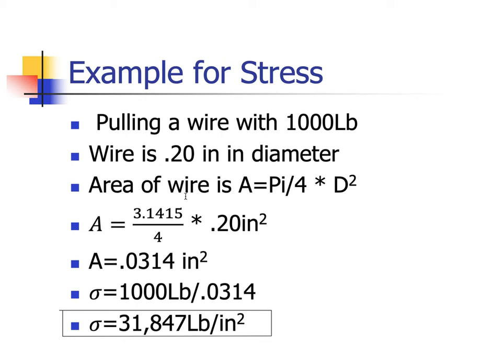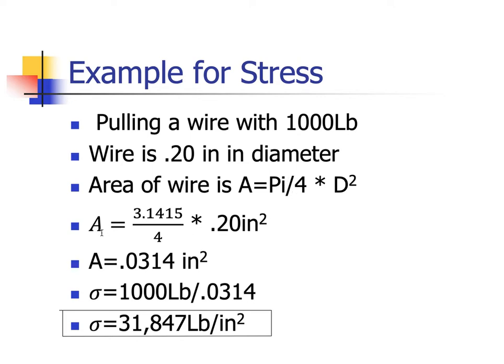We know the area of this rod is, you may have seen it, pi r squared. Trust me, pi over 4 times the diameter squared is the same as pi r squared, except we don't have to keep changing between diameter and radius. So if you haven't used this equation before, memorize it or remember it.